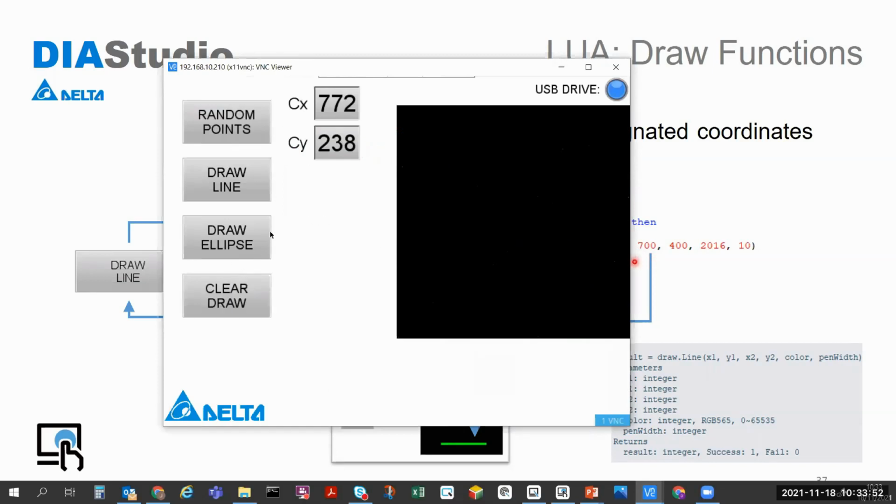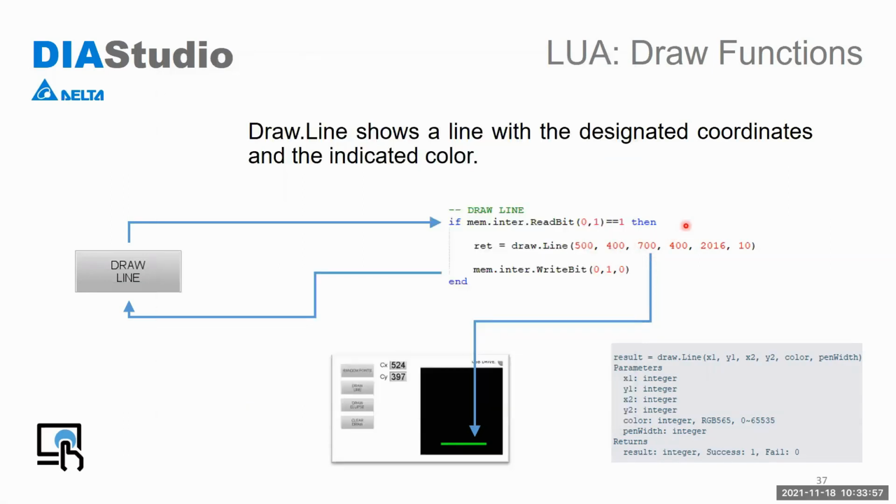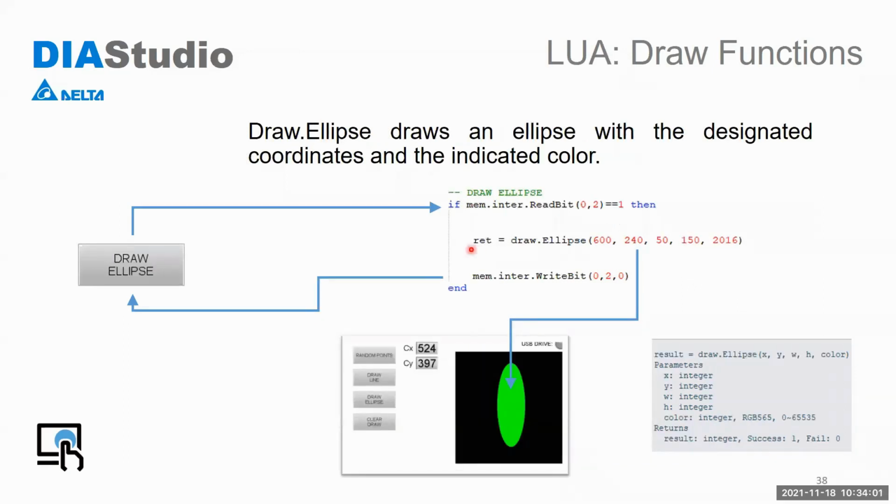And I also want to show you the last one, which is the ellipse. In this case, the ellipse function first needs the coordinates of the center of the ellipse, so it's more or less here.